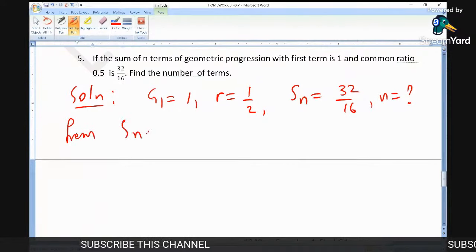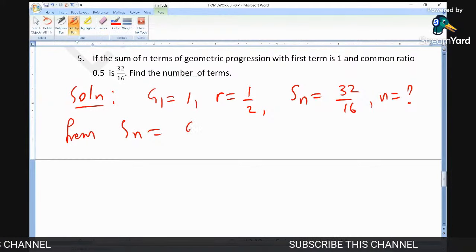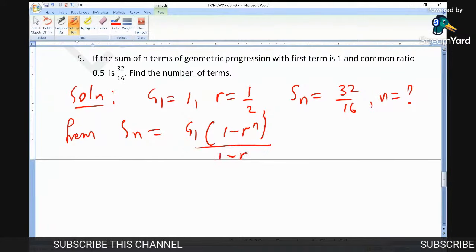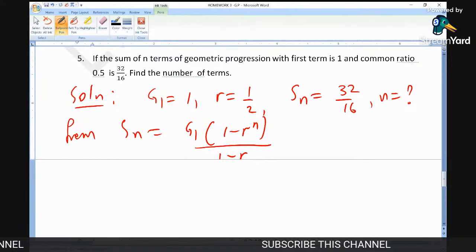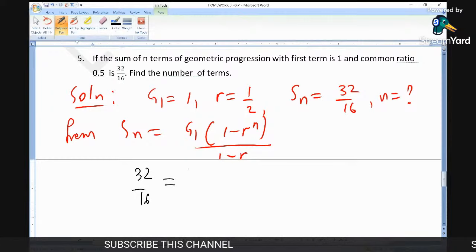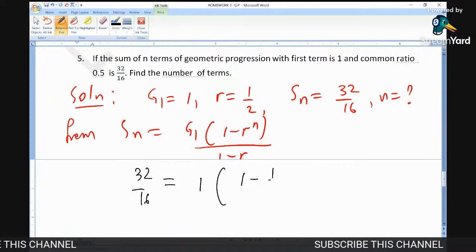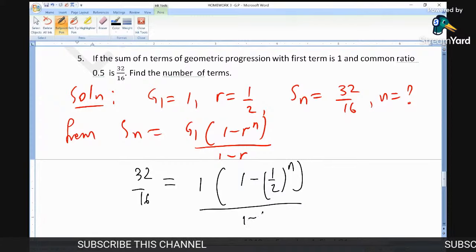Knowing that Sn equals G1 in the bracket 1 minus r exponent n over 1 minus r, we can say that 32 over 16, which is Sn, equals G1, 1 in the bracket 1 minus 1 over 2 power n, over 1 minus a half.